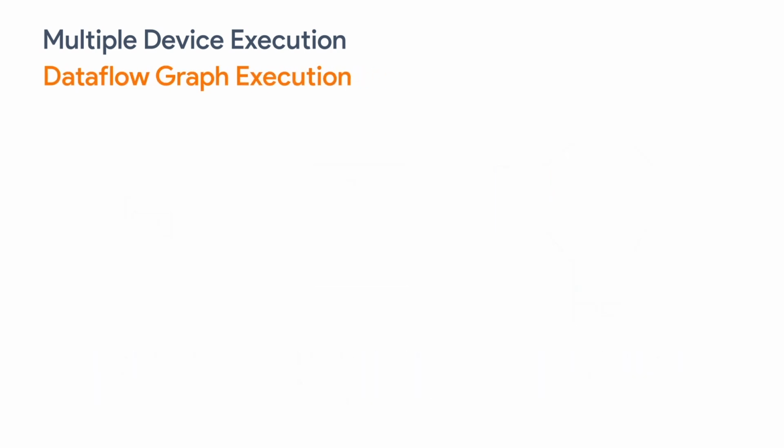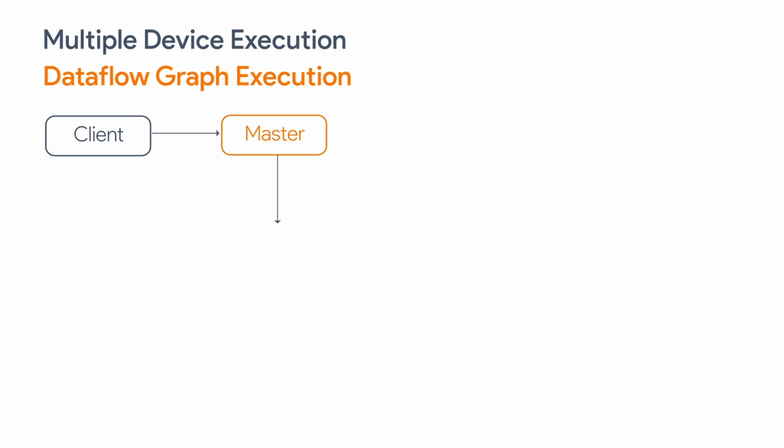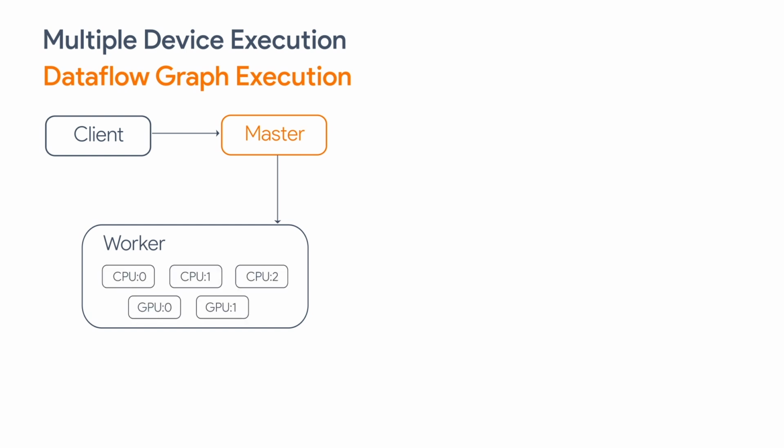Here is how TensorFlow executes a data flow graph. Whenever the client process wants to execute a graph, the master process starts running. The responsibility of the master process is to create worker processes which will distribute the TensorFlow graph on available devices. This phenomenon is called node placement.